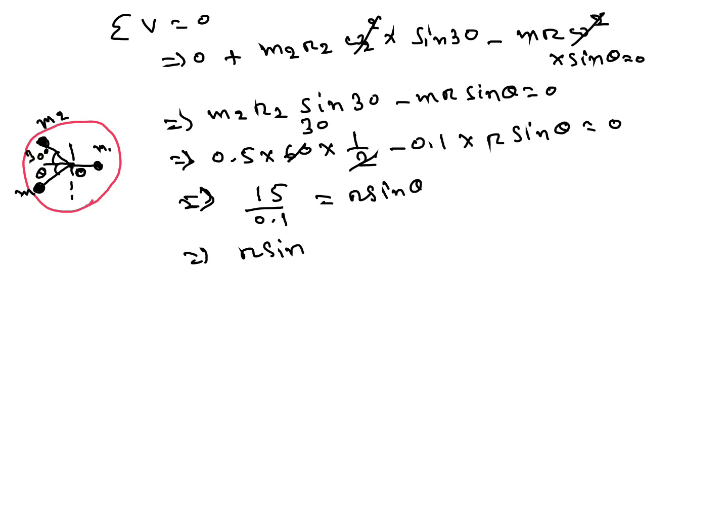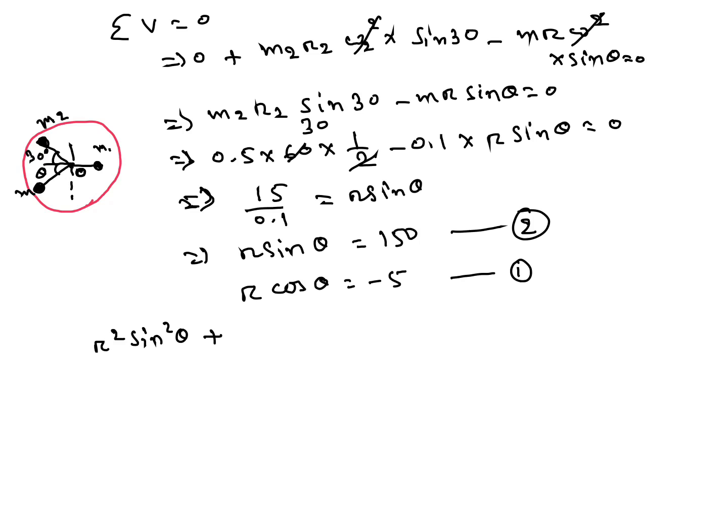And from equation 1, r cos theta equal to minus 5. This one we already got. So from equation 1 and 2, r square sin square theta plus r square cos square theta equal to 150 square plus minus 5 square.